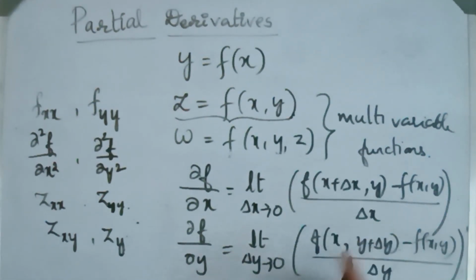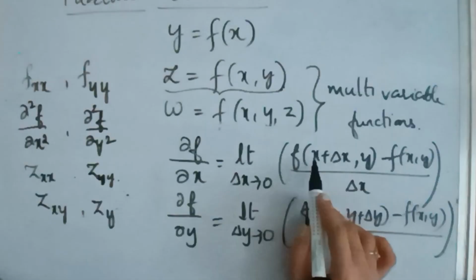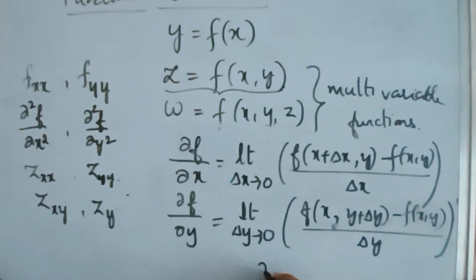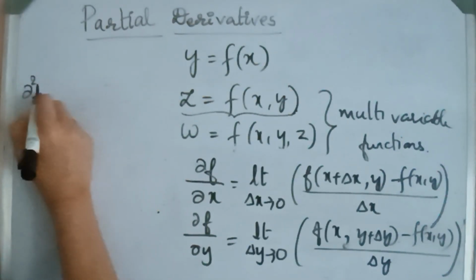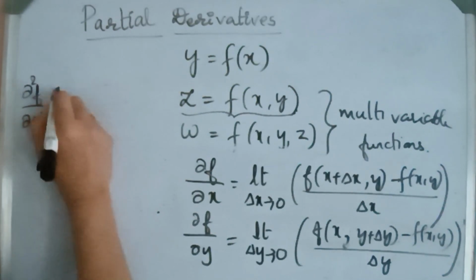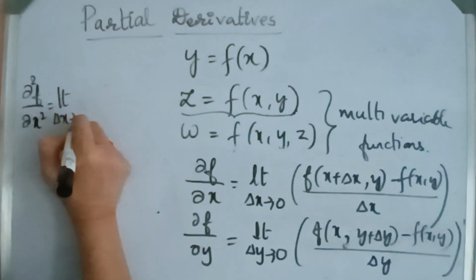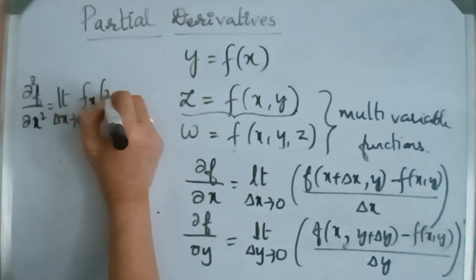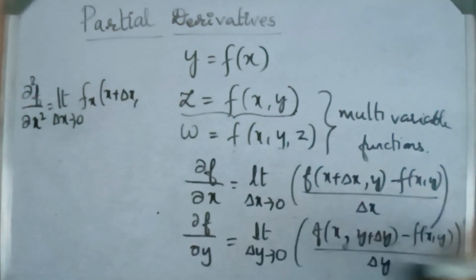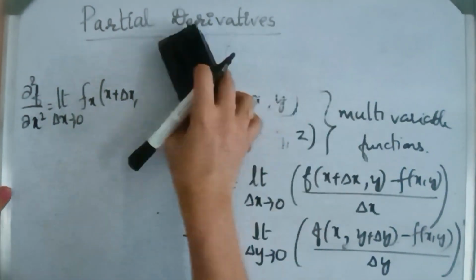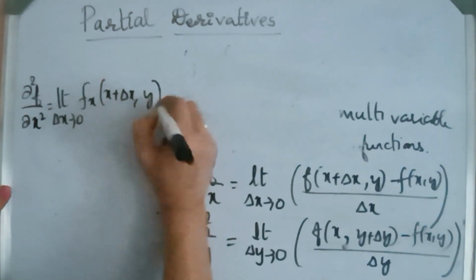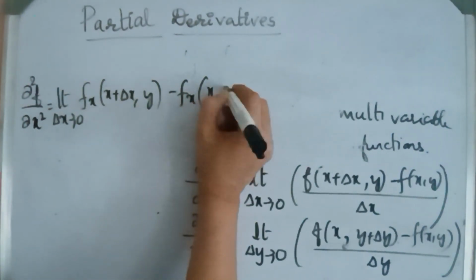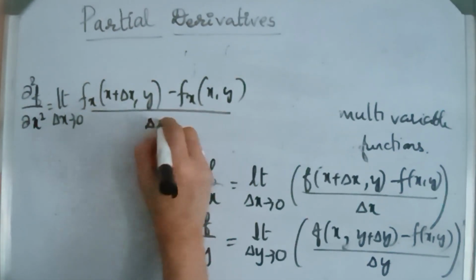You can use a capital delta as well, that is f of x plus delta x. This is also fine. If it is the second derivative, then dou square f by dou x square is the limit as delta x tends to 0 of fx of x plus delta x comma y minus fx of x comma y divided by delta x.